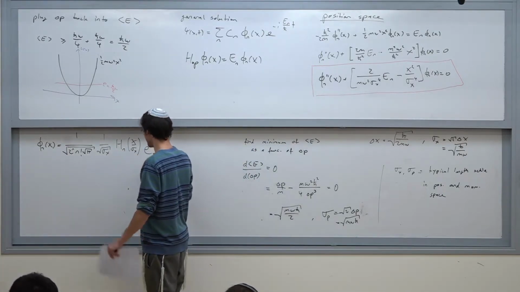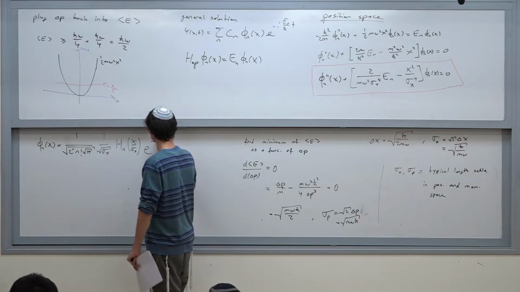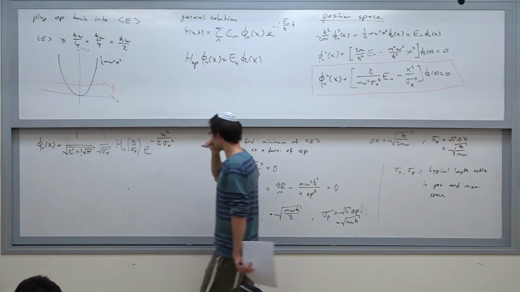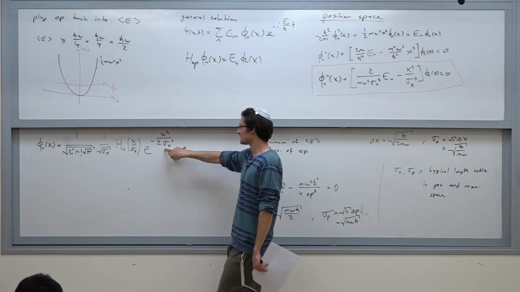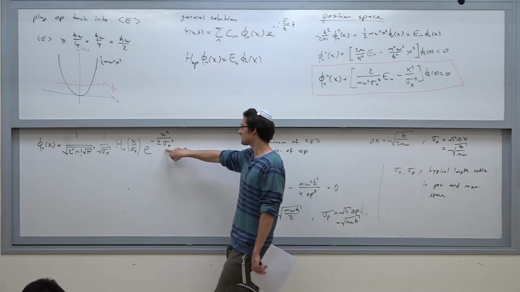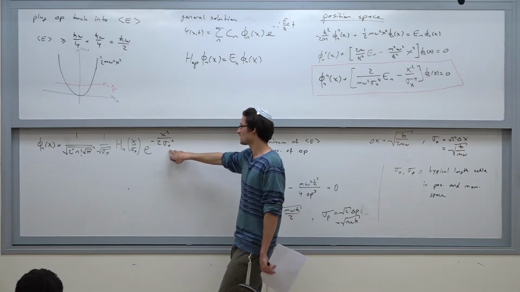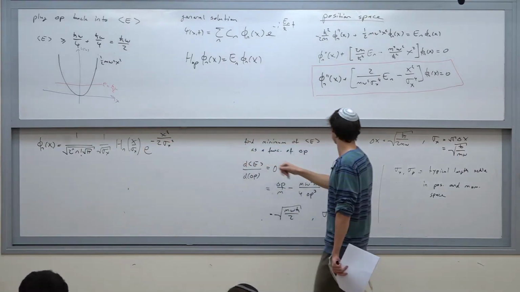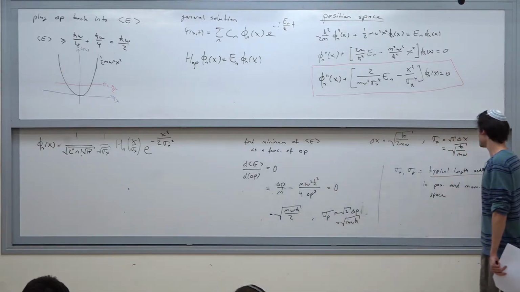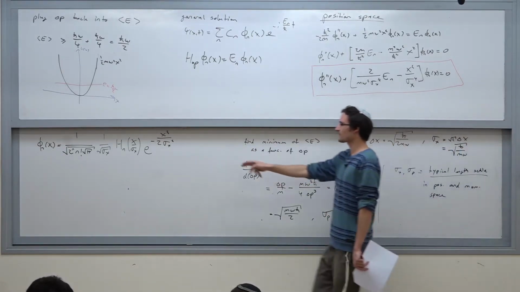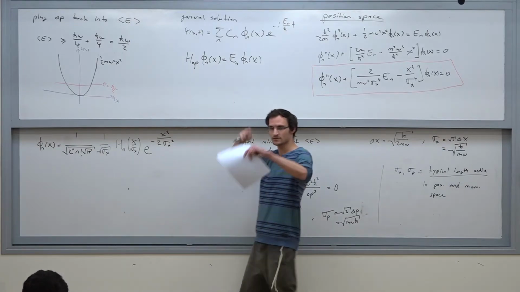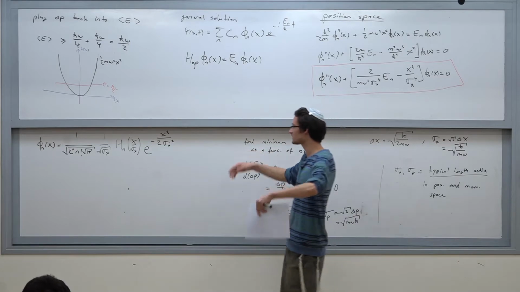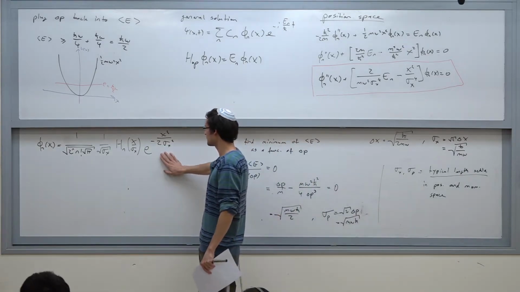And the second function is a Gaussian, where again sigma x is the standard deviation. It's the width of the Gaussian. And that's why I called it a typical length scale, because it's the width of the Gaussian packet, the extent of this wave function.